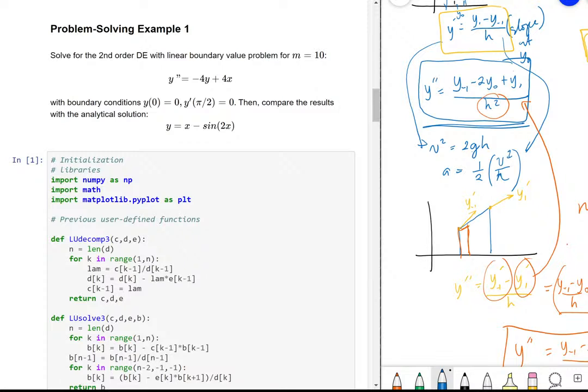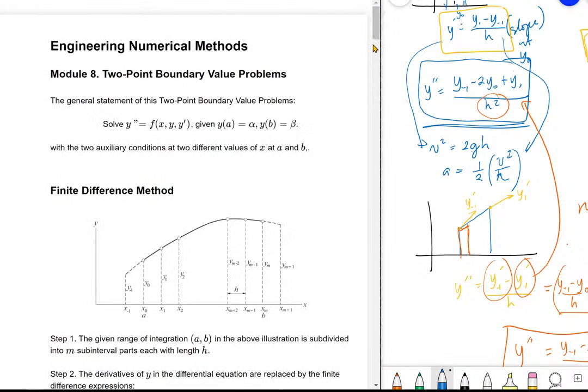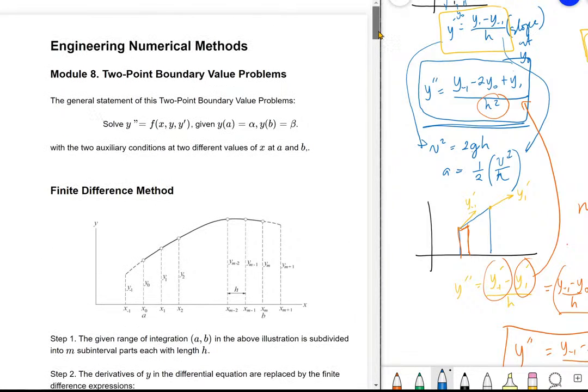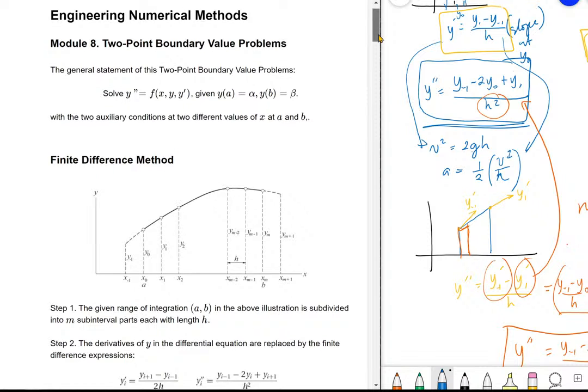Hello, welcome to this lecture, a continuation of our previous topic, which is Module 8, the 2-point boundary value problems. In the previous video, we discussed the concept and theory behind the 2-point boundary value problems.